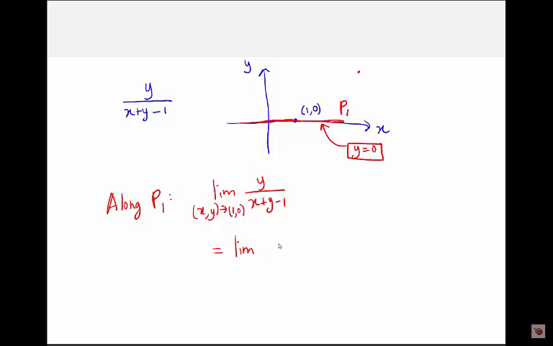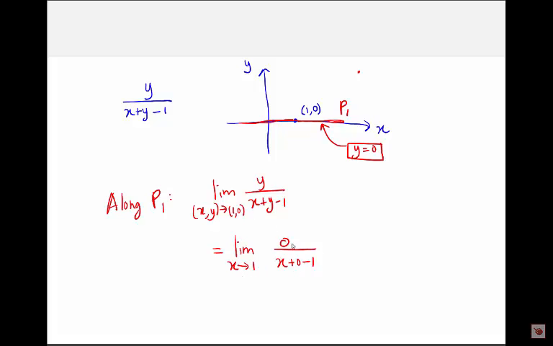Therefore, the limit now becomes the limit of 0 over x plus 0 minus 1. And since y is always 0, then we are left with x approaching 1. In other words, we have reduced the limit of a two-variable function into a limit of a single variable function of x only.